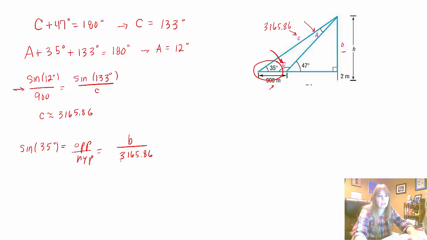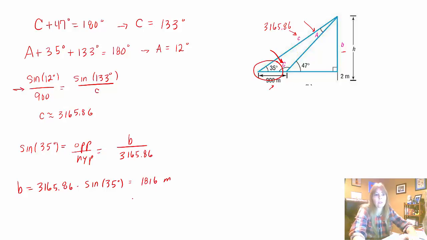And now I have something that I can actually solve. So B equals 3165.86 times sine of 35 degrees. And I get 1816 meters. And then don't forget to add the 2 meters here.